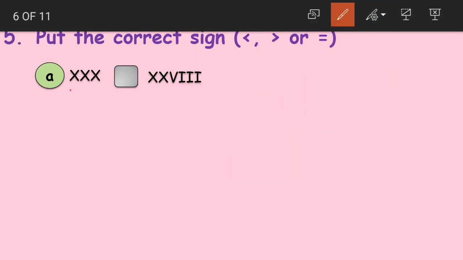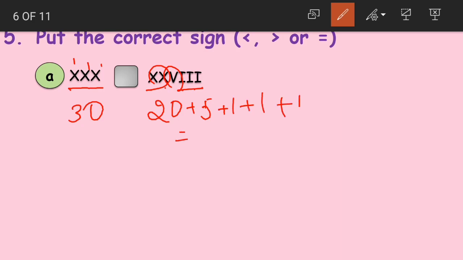Okay, we'll start solving the questions now. First one is XXX. 10 plus 10 plus 10, which is equal to 30. Now XXV triple I. XX is 20. 20 plus V is 5. And I means 1 plus 1 plus 1. Now the total will be 28. 20 plus 5, 25. 26, 27, 28.